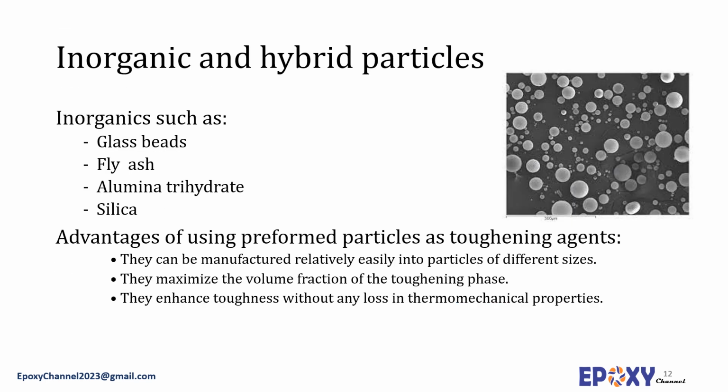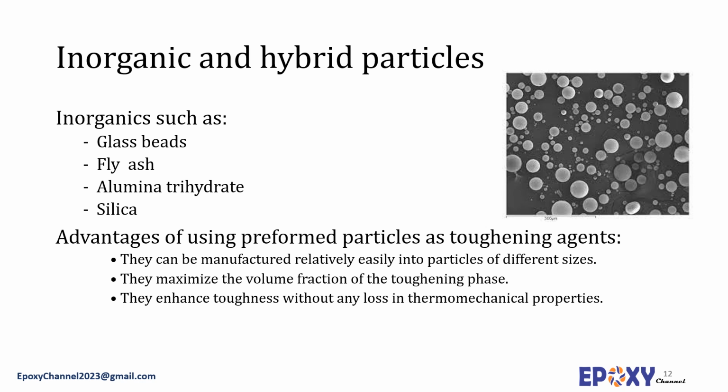Inorganic particulate fillers such as glass beads, fly ash, alumina trihydrate, and silica have also been considered as toughening agents for epoxy materials. In these systems, the fracture energy of filled epoxies reaches a maximum at a specific filler concentration. Brittle, hollow glass beads have been found to be both an extender and an impact modifier for coatings and adhesives.